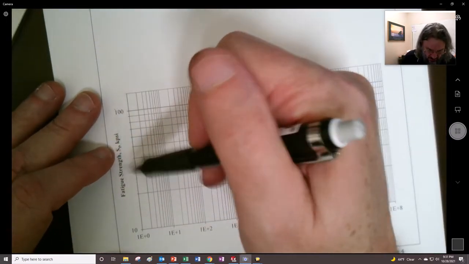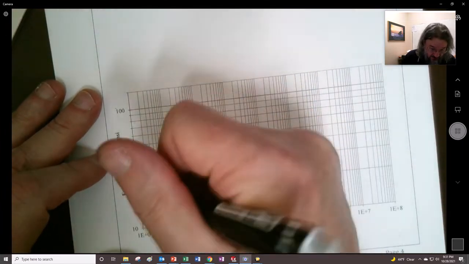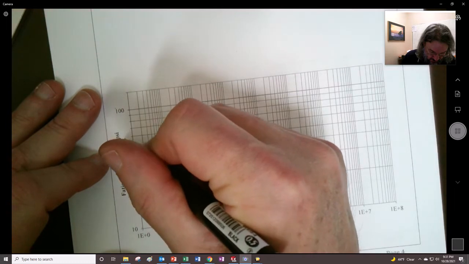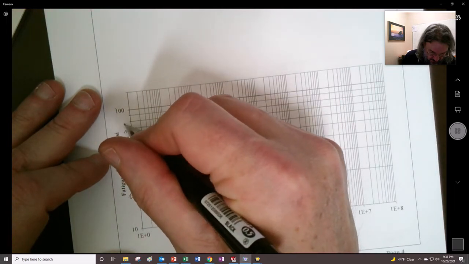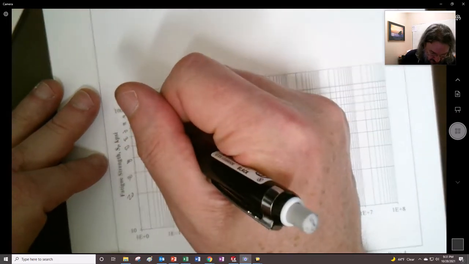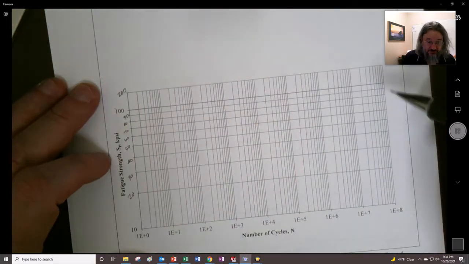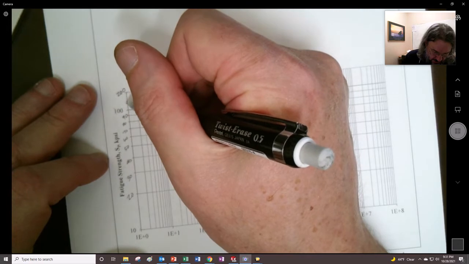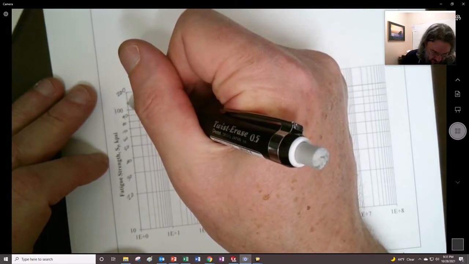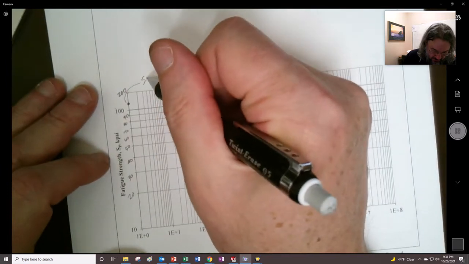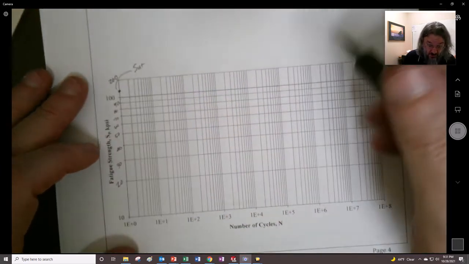Notably, this is 10, 20, 30, 40, 50, 60, 70, 80, 90, and then this right here is 200. So 120 is probably right around there. That's my ultimate strength of 120.